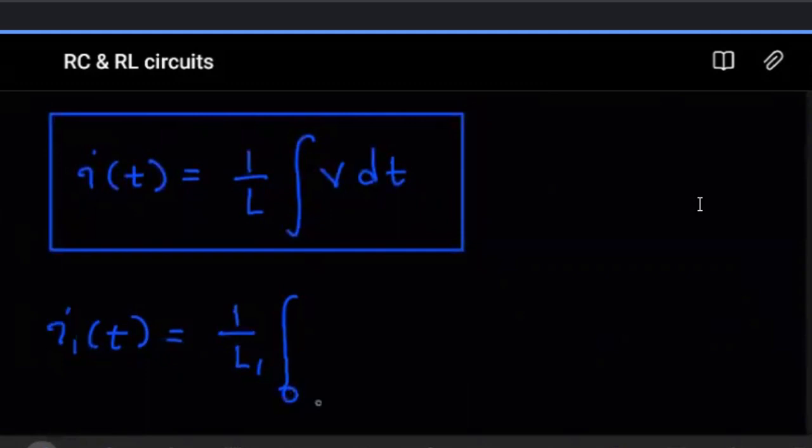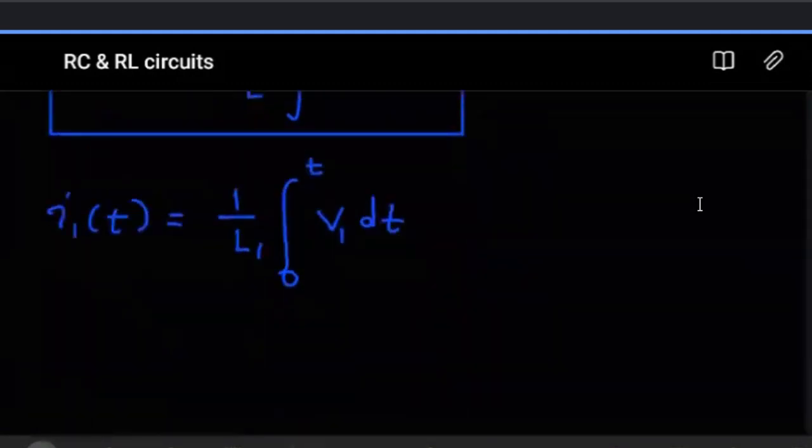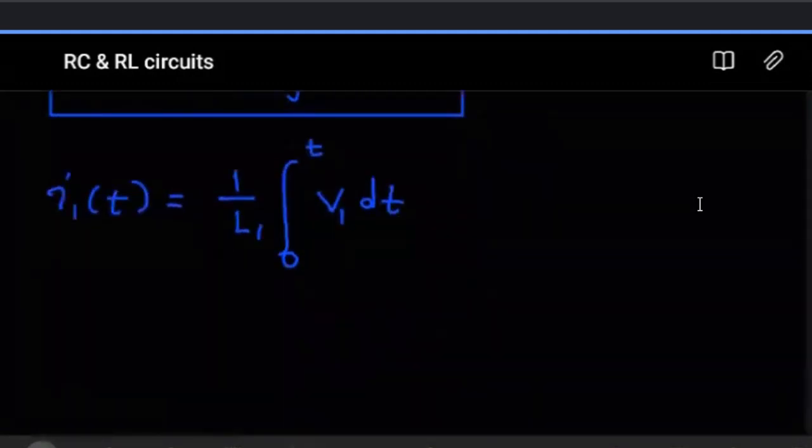So it is from 0 to t, and then the voltage drop across L1, multiplied by dt. This is why we needed to find the voltage drop across each of these inductors. It will be the same thing for the other inductor. Is that okay?